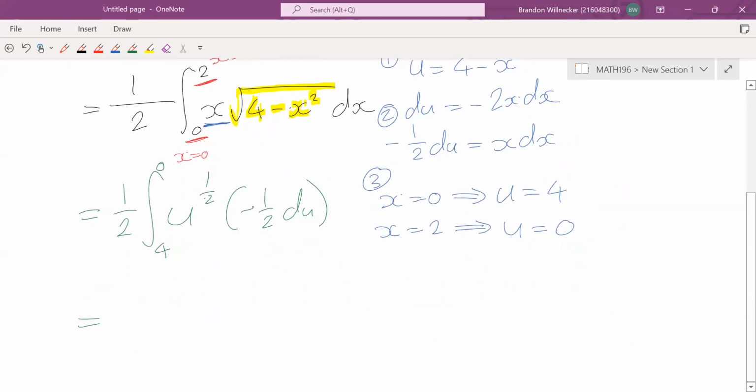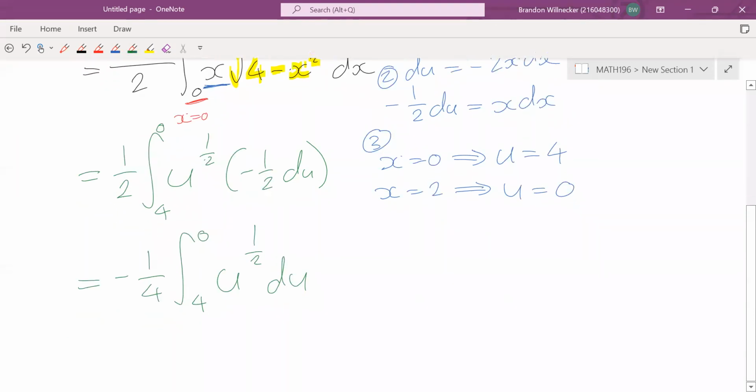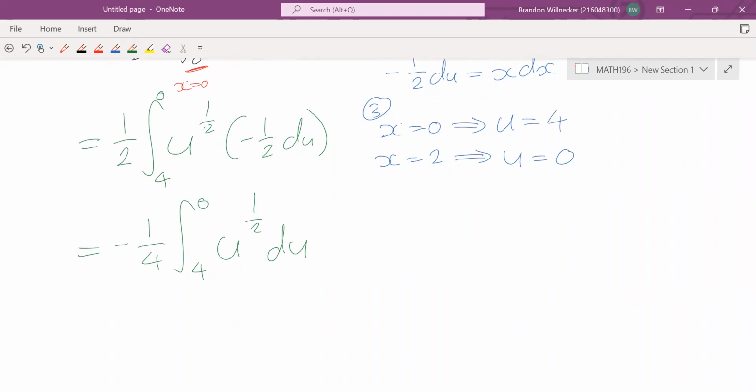Okay, so we can take the minus 1/2 out. So we get minus 1/4, the integral from 4 to 0, u to the 1/2 du. Okay, now just to avoid any confusion with the bounds, we see that the lower bound is bigger than the upper bound. Okay, so that doesn't really work.